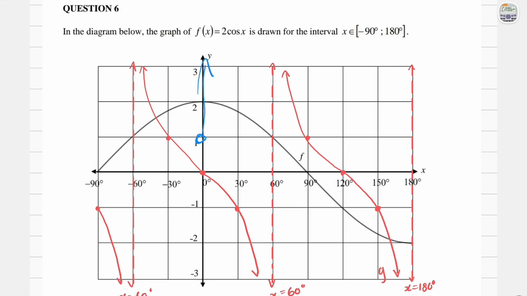So you see that the parts of the graph where it is greater than or equal to 1 would be parts of the graph above this line, y equals 1. So that's over here and over here. And now we just have to tell them the values of x for which this exists.